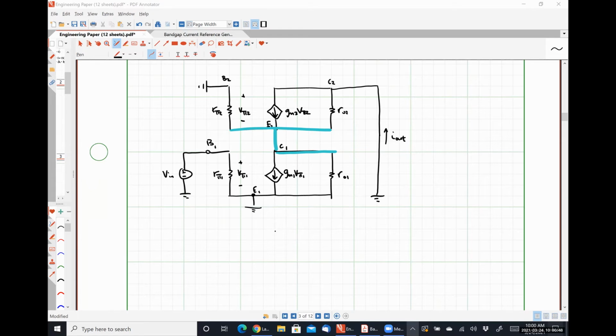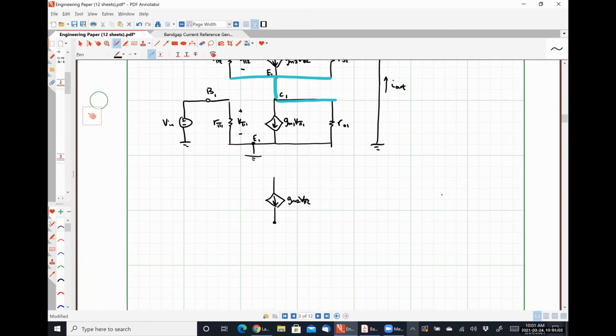I'm going to redraw this and say, here is gm2 v pi 2, here is gm1 v pi 1. This is my resistor r o1 in parallel with r o2 in parallel with r pi 2.